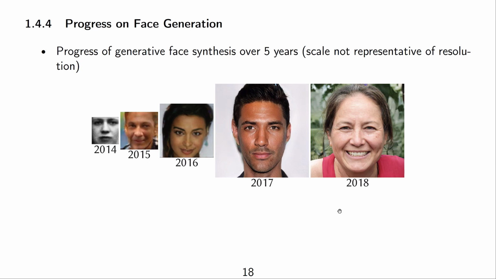Here's some history of face generation using GANs, and we can see that there has been tremendous progress from 2014, the original GAN paper, to 2018, when the first realistic images could be produced.